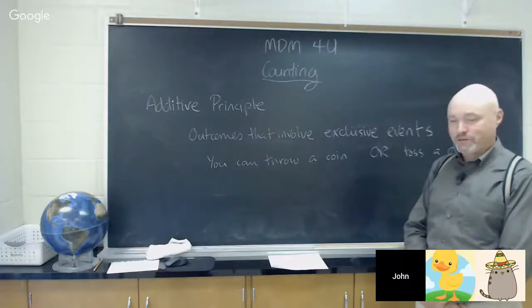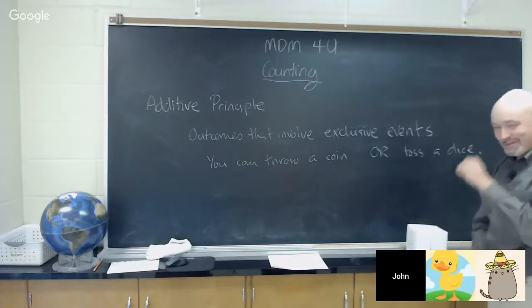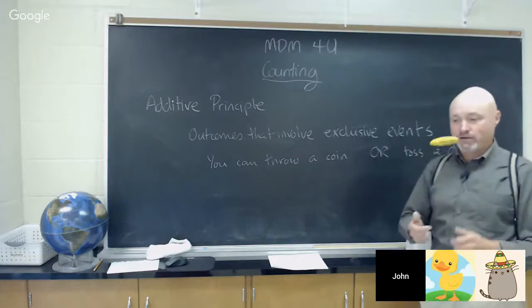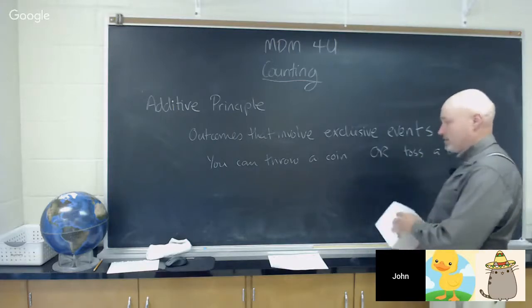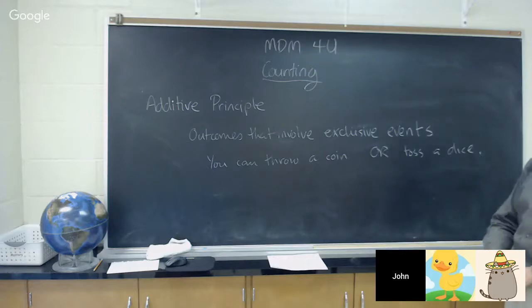Two. 2 is absolutely wrong. 2 possible outcomes. Throw the coin. 12. That's right. You can throw the coin or you can toss the dice.